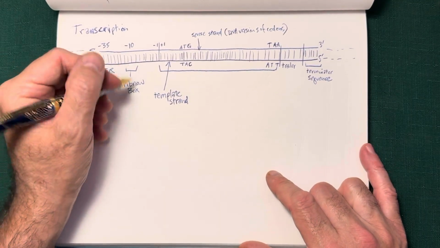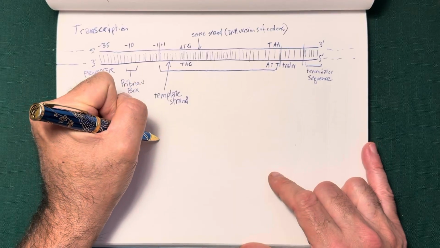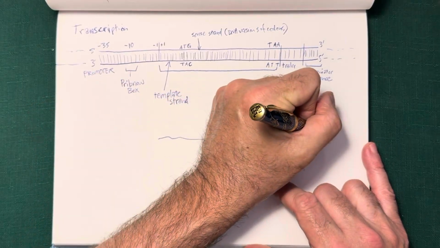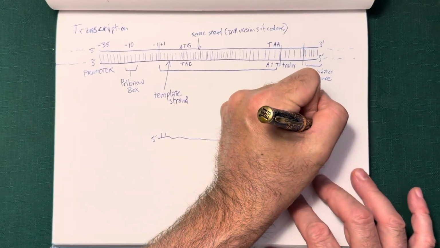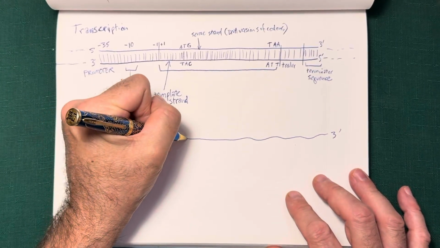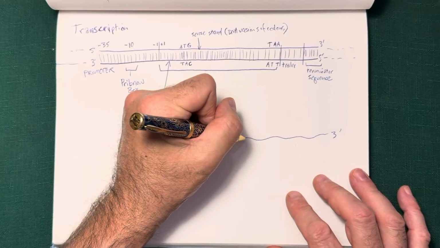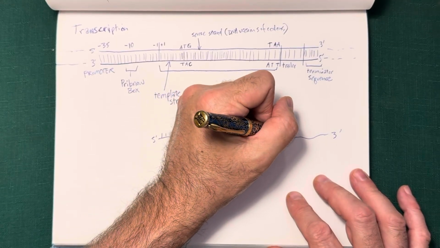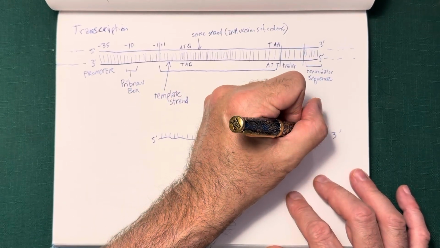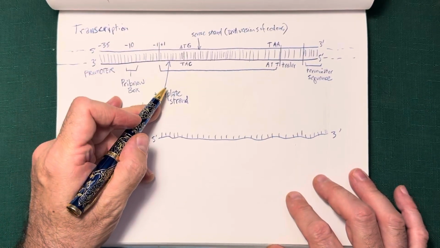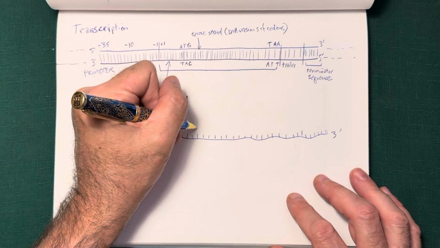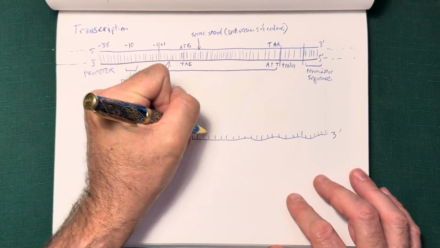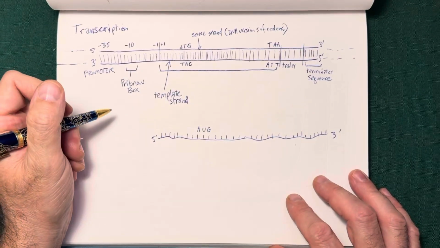So what this means is that when we get our messenger RNA, it is going to be single-stranded. It's going to be built 5' to 3'. And it's going to be copied based on what complements our template strand. All right, so our AUG is going to be a few nucleotides into our messenger RNA.